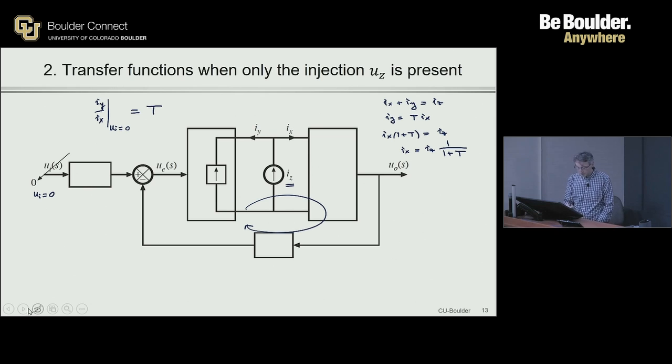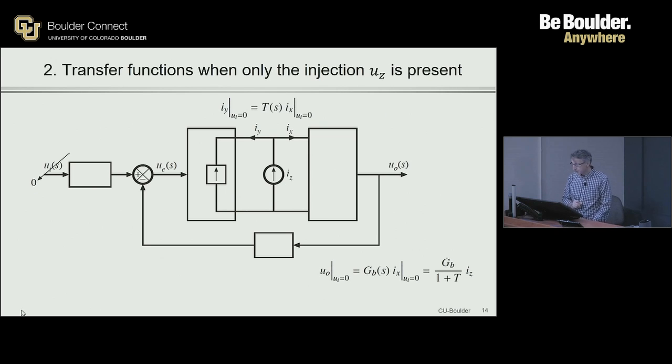So to summarize this particular step, here is what we have. We have IY is equal to T times IX. And on the other hand, we can also express the output as some other function. We don't know what it is right now. GB times IX. So U naught is equal to GB times IX, or in terms of the independent input, the injection signal, that's going to be GB over 1 plus T times IZ.